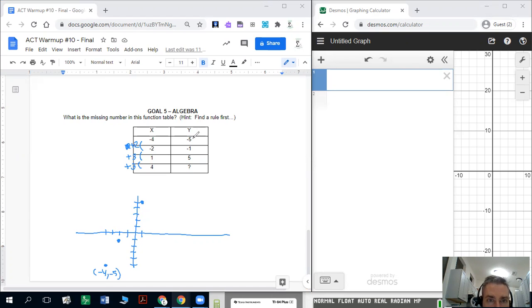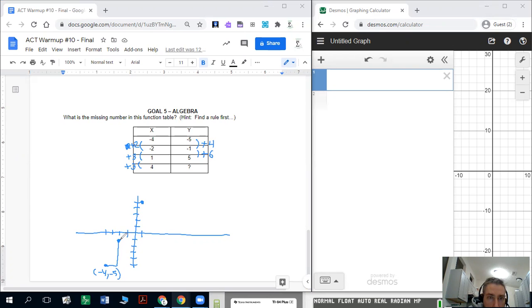So it looks like it's going up 4. And then here it's going up 6. And then there it's going, well, I don't know. If it's going to the right 2 and up 4.